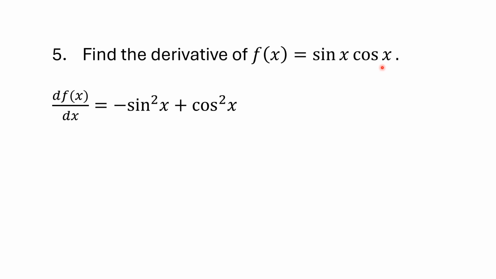Plus the second function, cosine x, times the derivative of the sine x. So we get negative sine squared x plus cosine squared x.